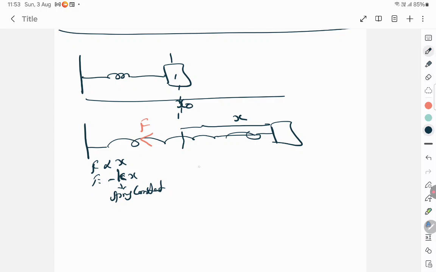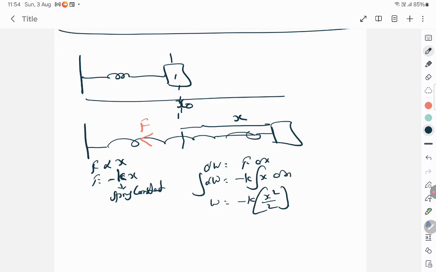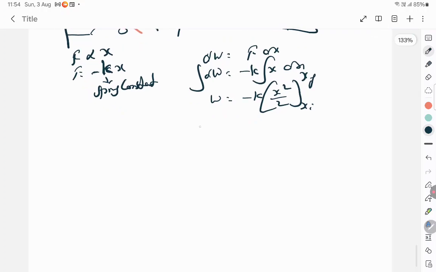Now let's do the work done. dw is equal to f into dx. F is minus k into x into dx. So integrating both sides, the work done is minus k into x square by 2. From an initial position xi to a final position xf, where this body is going, the work done will be the spring constant into the upper limit x final square by 2 minus the lower limit x initial square by 2. Take it inside.